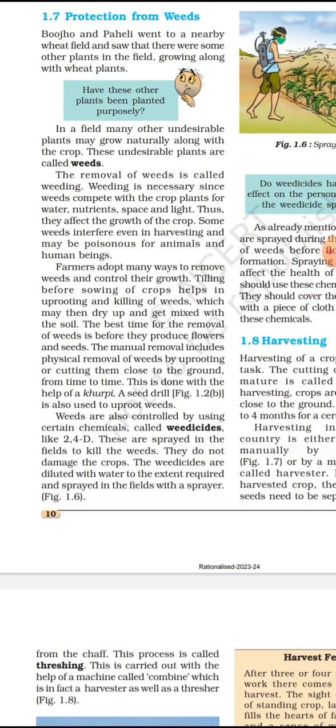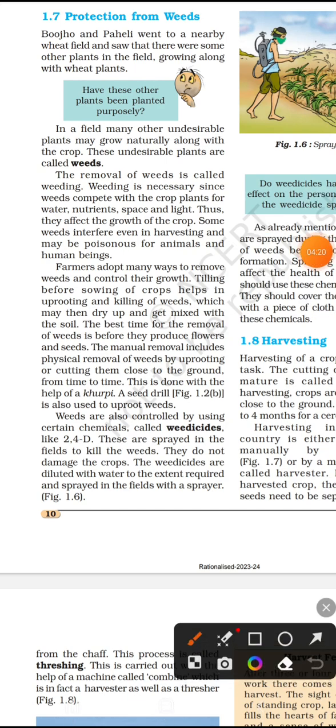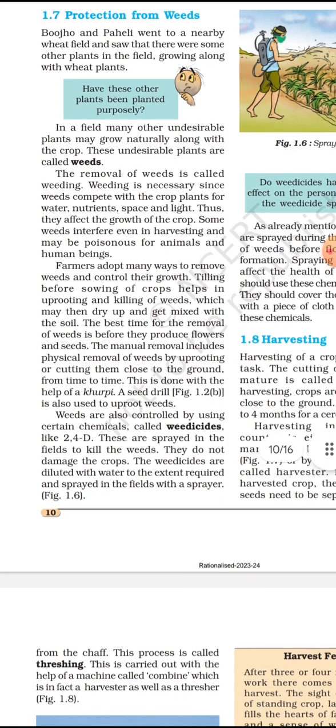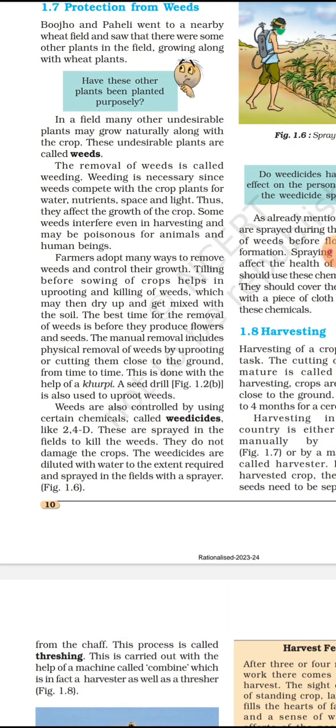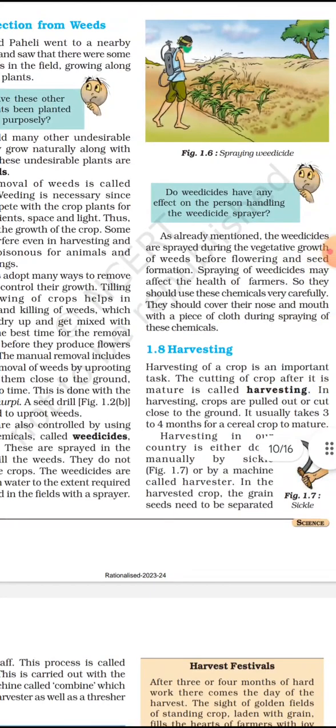Weeds are controlled by using certain chemicals called weedicides, and 2,4-D is one of these chemicals. These chemicals are diluted with water, taken into a sprayer, and sprayed.